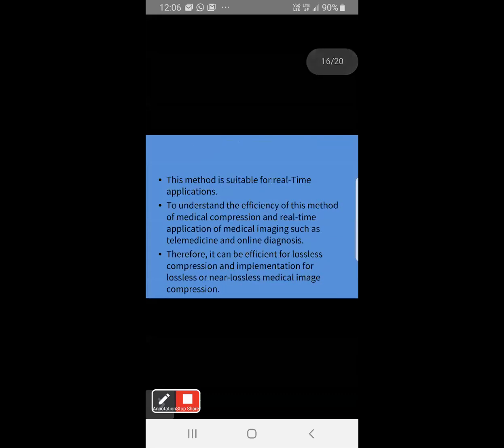This method is really useful in real-time applications of speech signals, and efficiency is also very high. That is seen in medical compression and real-time applications of medical images. It is effective for lossless and near lossless compression of medical images.